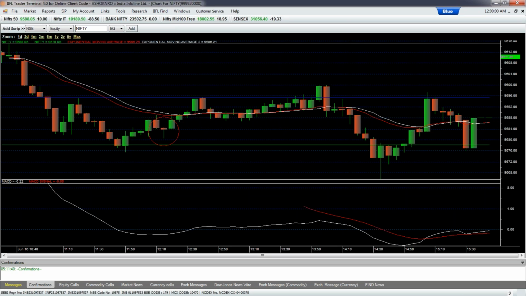So that is what we will be considering to buy at this particular trend level. After we buy at this particular trend level, what we will be looking at is the buy and what is the sell.